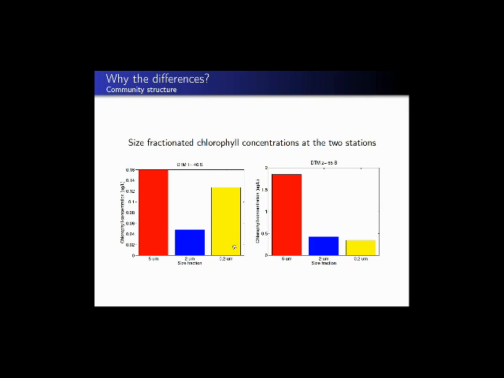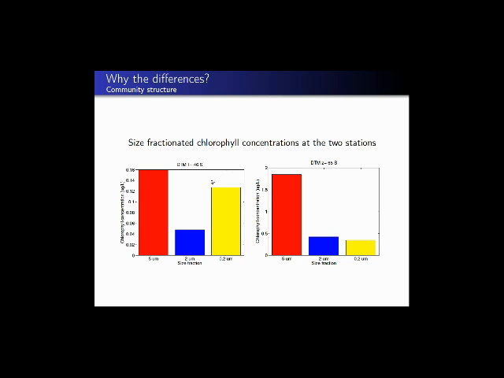What we have here are the different sizes and the amount of chlorophyll in each size class. We see that our station at 46 South had a high proportion of smaller phytoplankton, but our station at 65 South had a higher proportion of large phytoplankton.